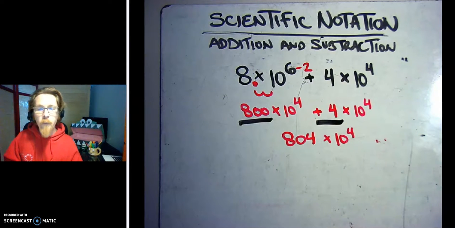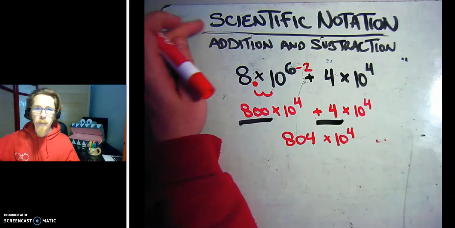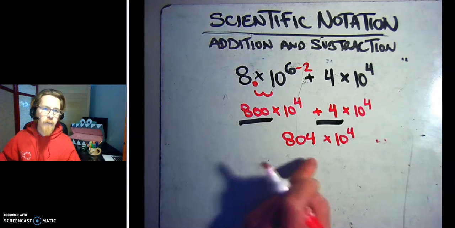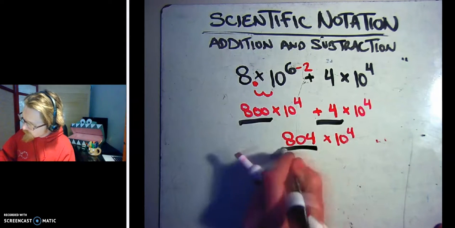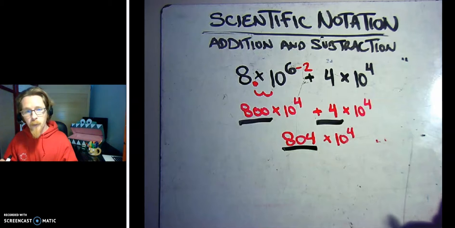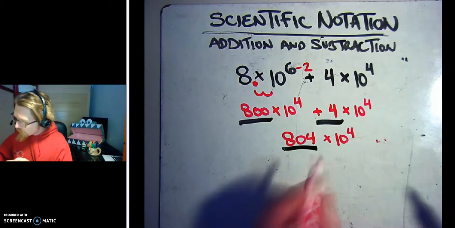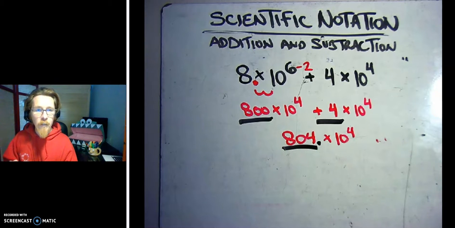Now, as far as a final answer is concerned, because we are writing our numbers in scientific notation, we may notice that 804 times 10 to the fourth doesn't fit that definition, because you want this number to be bigger than or equal to 1, but less than 10. So what I need to do is rewrite this in scientific notation.